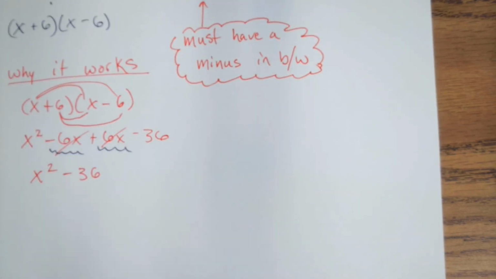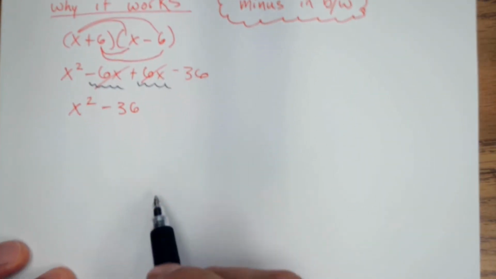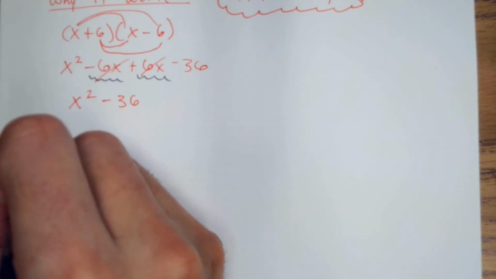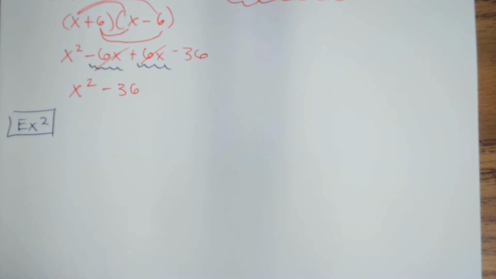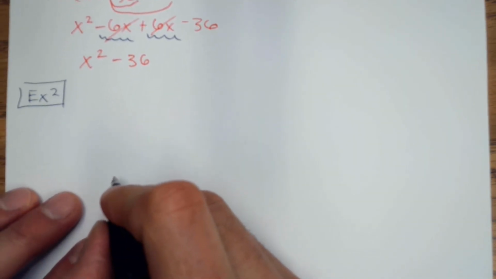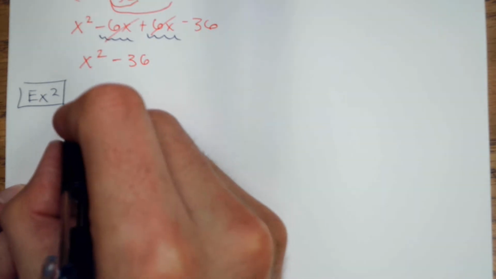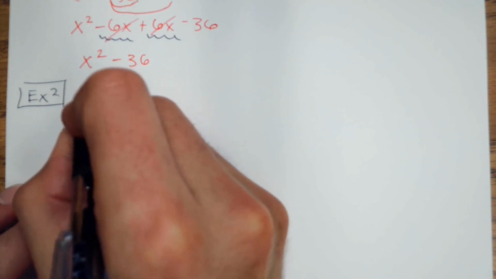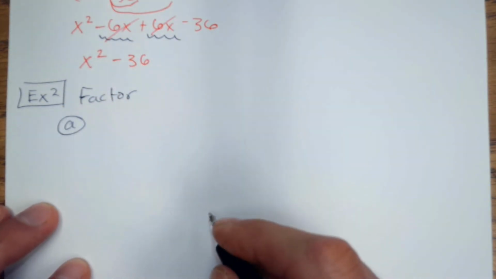So for the very simple problems, we'll have something like what we just had, where, let's say example 2. Factor an easy one, and then a little bit more tricky one.